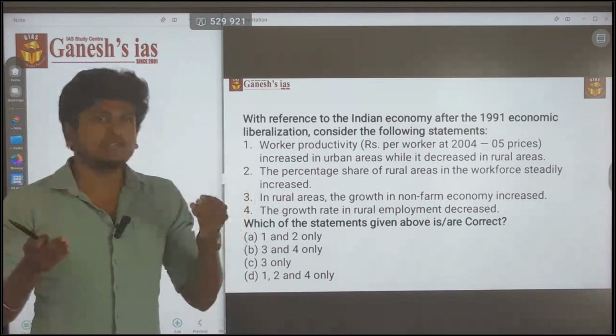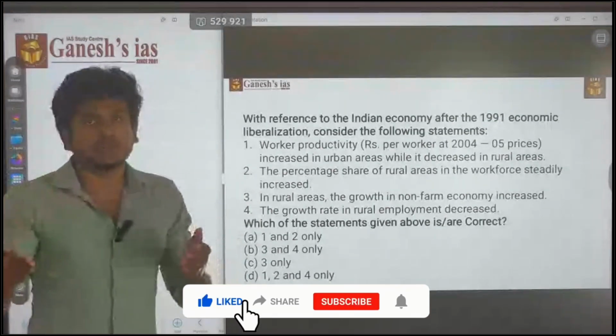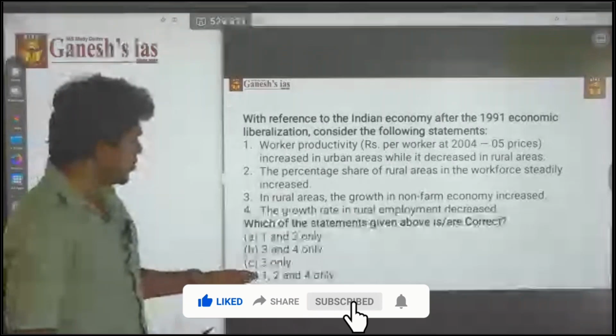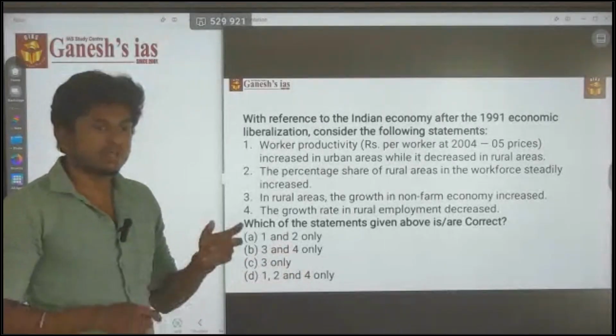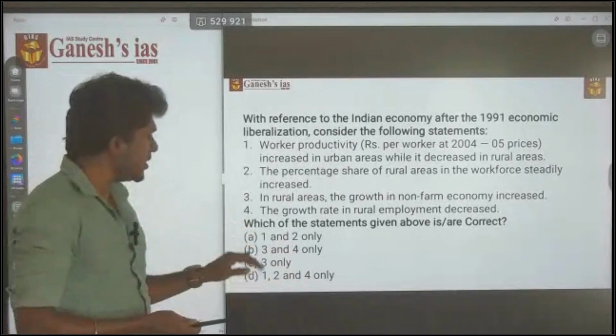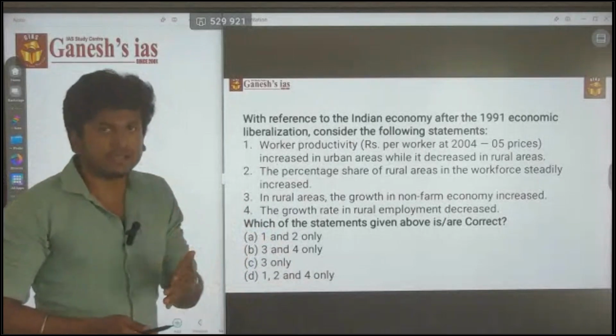So if the answer includes 2, then it shouldn't include 4. That way you can eliminate. So 1, 2 and 4 is totally wrong, because both are at the oxymoron level. So you can easily eliminate D. That is the way you have to go for an answer.